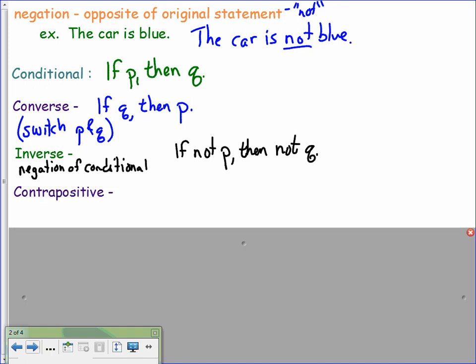The contrapositive then is the negation of the converse.